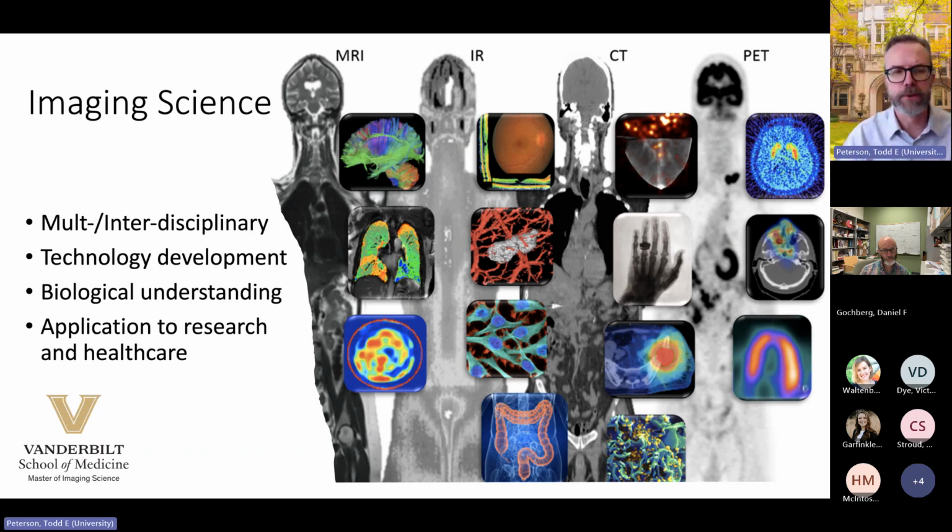There's the use of imaging to further our understanding of biological systems, both normal biological systems and disease states. And then, of course, there's the application of imaging to different areas of research, such as drug development and healthcare, which most of us probably think of when we think of imaging for what it's used for.